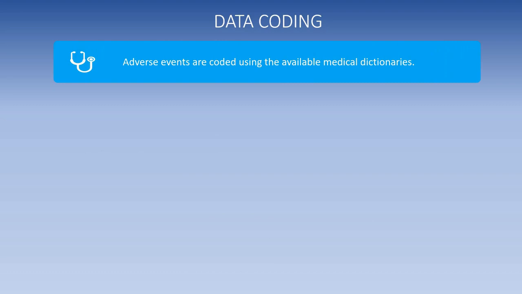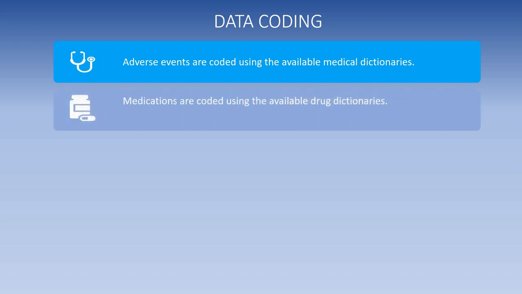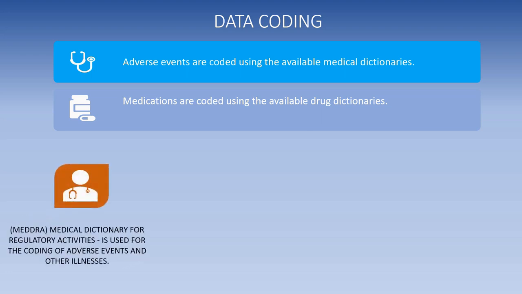Adverse events occurring during the study, prior to the study, or during concomitantly administered medications are coded using available medical dictionaries, whereas medications are coded using available drug dictionaries. The commonly used dictionaries are MedDRA, the Medical Dictionary for Regulatory Activities.